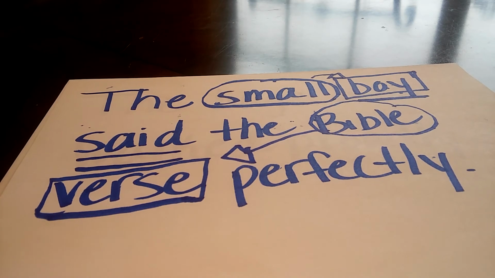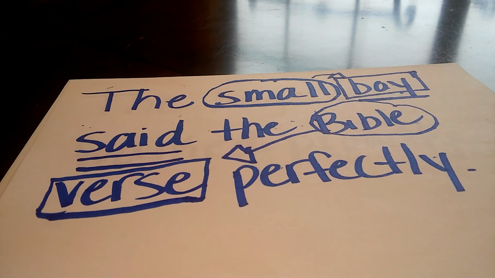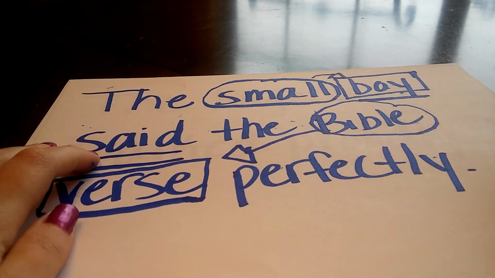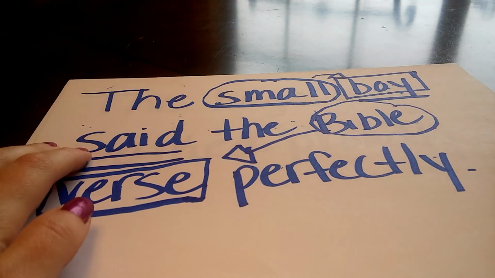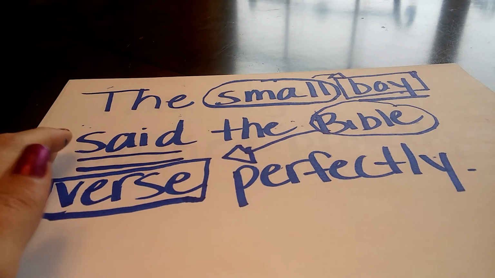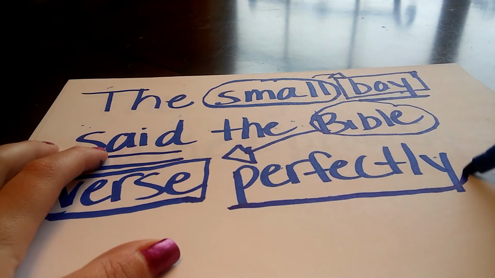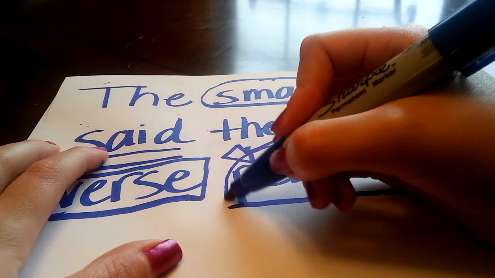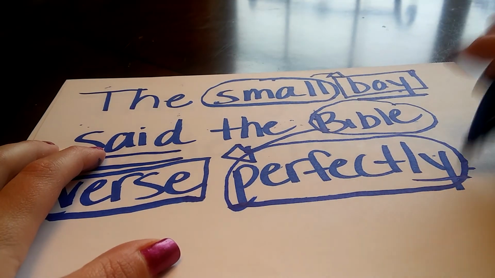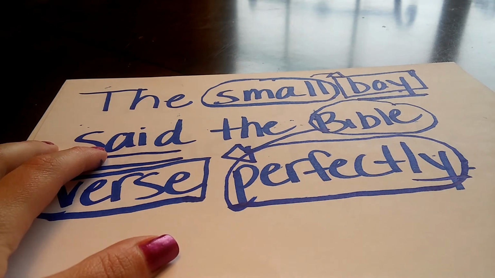Okay, so let's move on to adverbs. So the way we find our adverb is to go back to our verb, which is said. And we're going to say, the boy said the Bible verse how? And then that would be perfectly. Remember, adverbs very often end in ly, and that kind of helps you to find them.